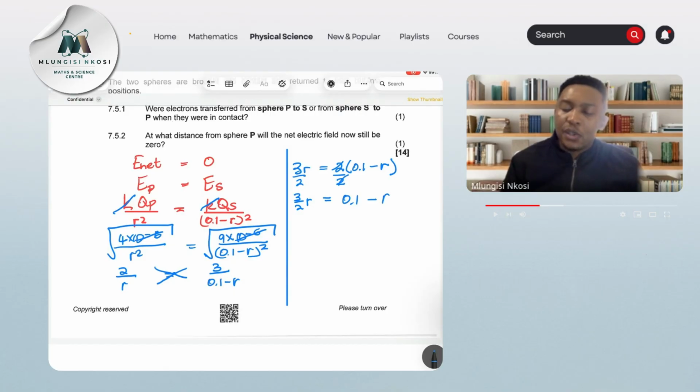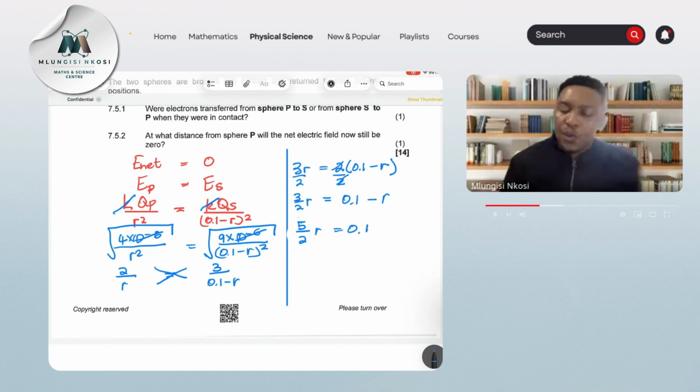If I take that to the other side, that's 5 over 2 r, which is 0.1.